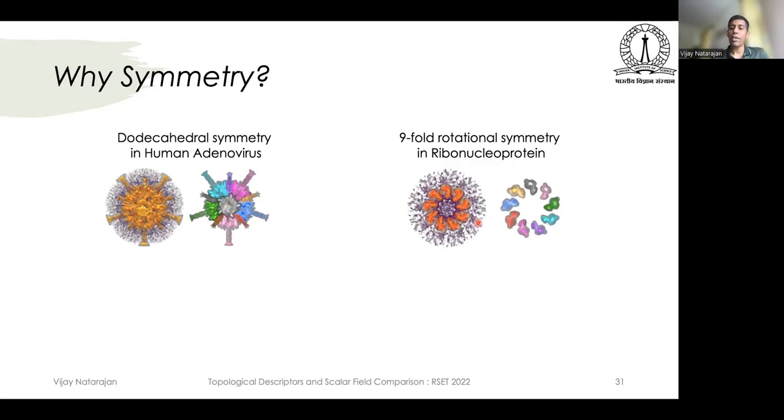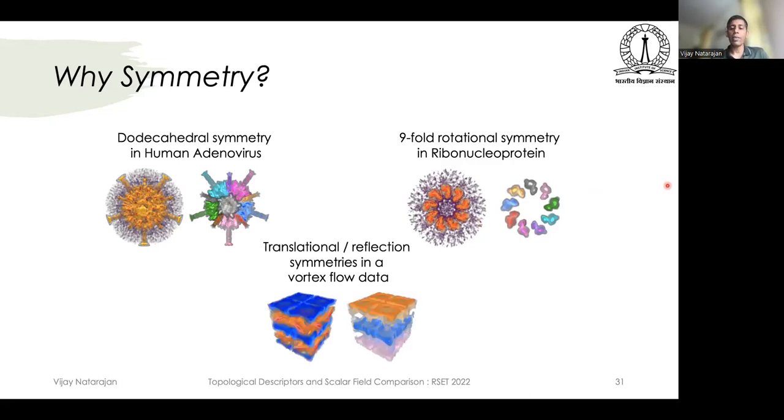Often here, the symmetry is used to even solve for this structure from imaging data. Symmetry is seen even in engineering applications. In some cases, the absence of symmetry is an indication of something that's interesting. There's clearly a motivation for studying symmetry in scientific data.